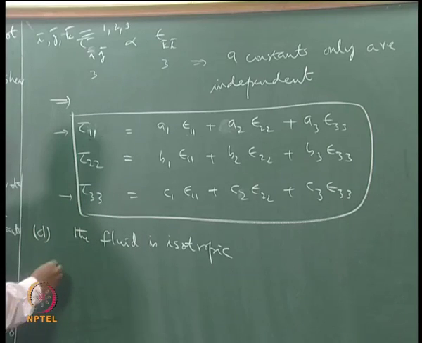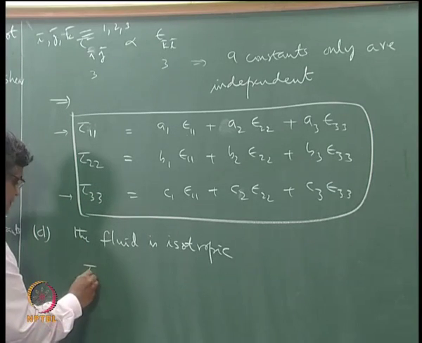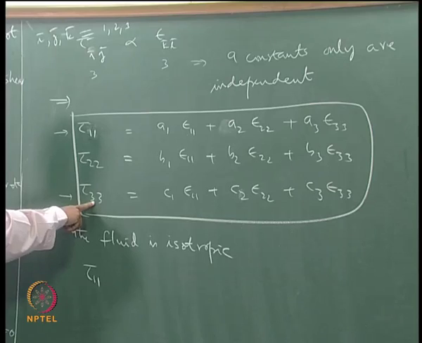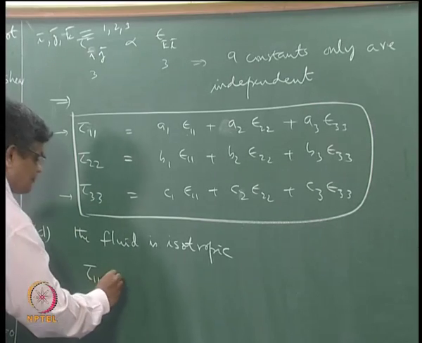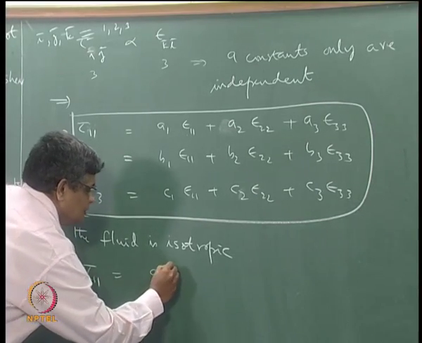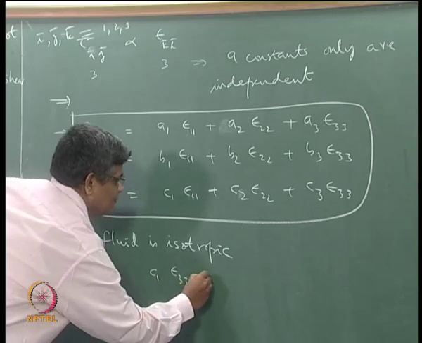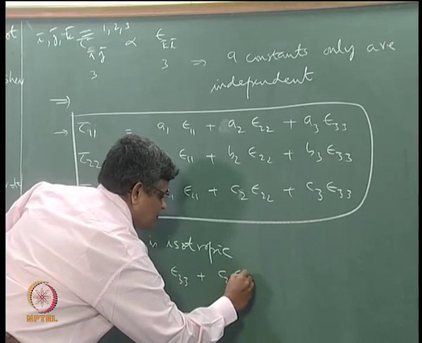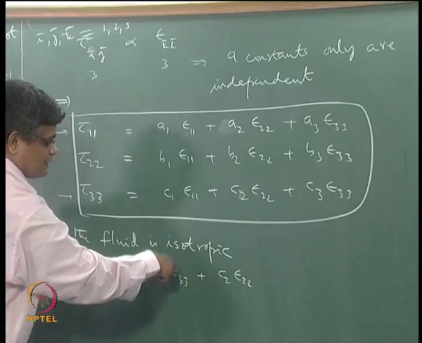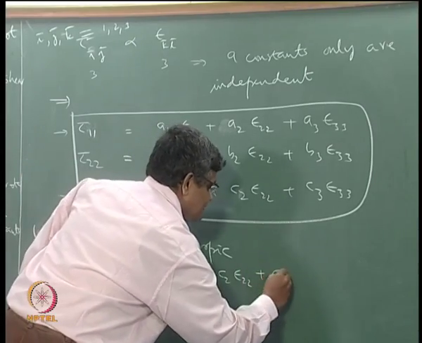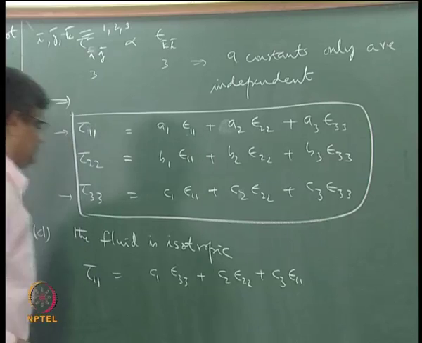Okay. So if you do that here, then this relation will give us tau 1 1, we are making 3 to 1 and 1 to 3, is C1 times epsilon 3 3 plus C2 times epsilon 2 2 plus C3 times epsilon 1 1.